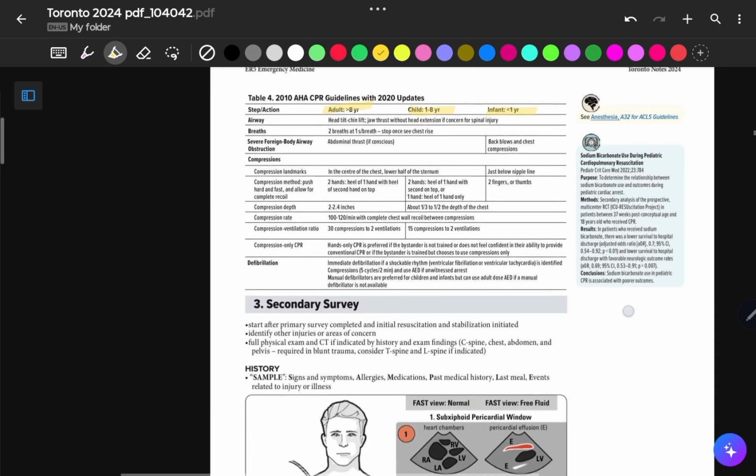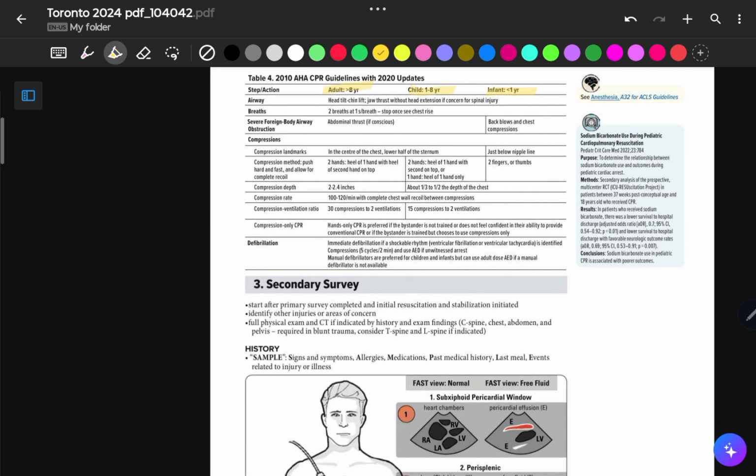Compression, what are the landmarks for people over the age of 1? It's the center of the chest, lower half of the sternum. For infants less than 1 year old, it's just below the nipple line. For compression in adults, which is more than 8 years old, you're going to use 2 hands, the heel of one hand with the heel of the second hand on top of the first one.